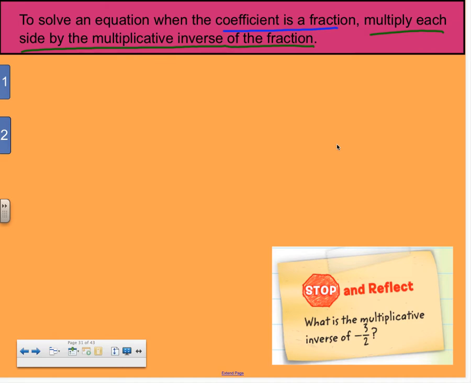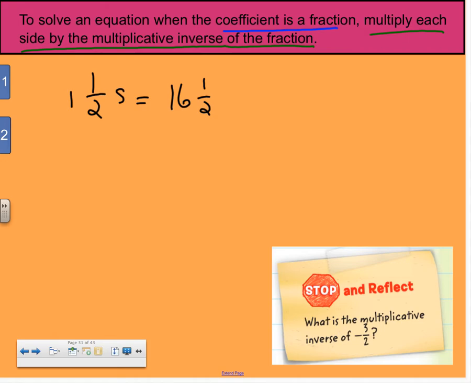So let's take a look at example 2. Example 2 in the book is 1.5 S equals 16.5. Now, what is the difference between this example and the first one that we did?